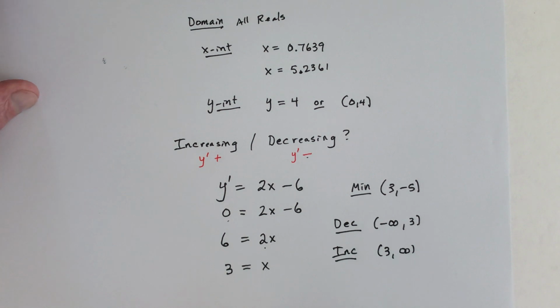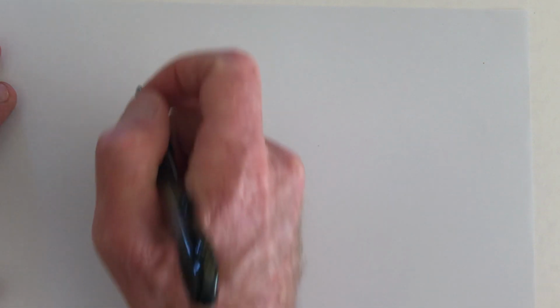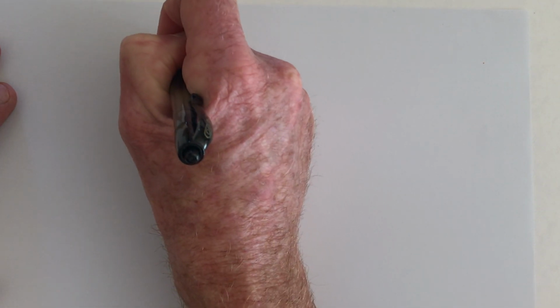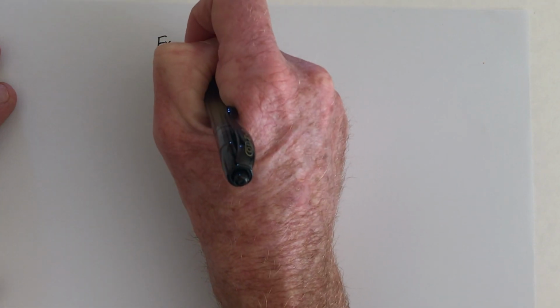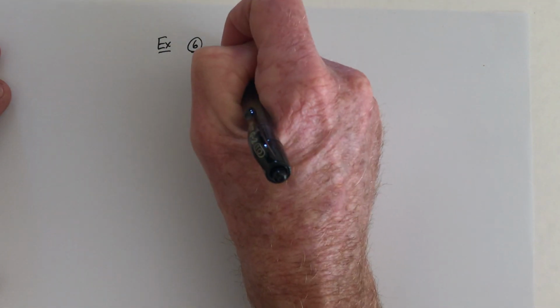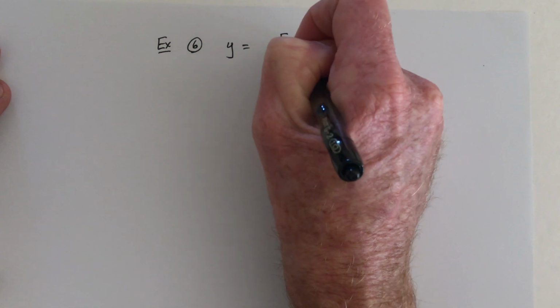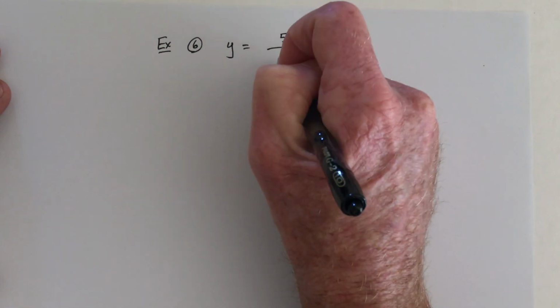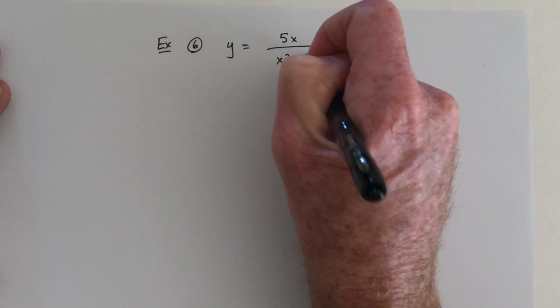Okay, now on to another example, and one that has a fraction. So in the homework they like to do fraction ones, and the reason is because then there's going to be the vertical asymptotes. So how about if we've got y equals 5x divided by x squared minus 16.